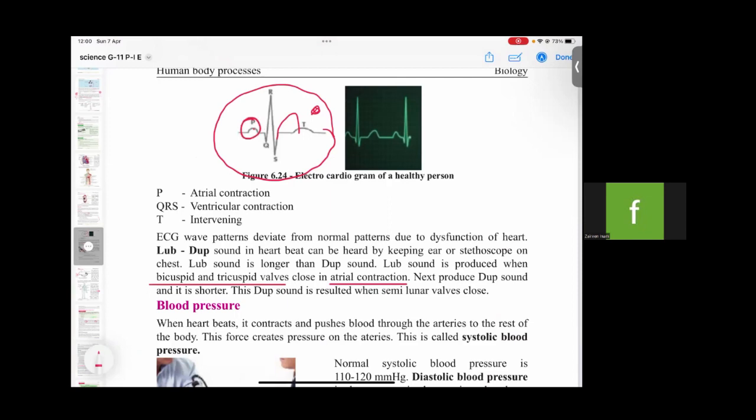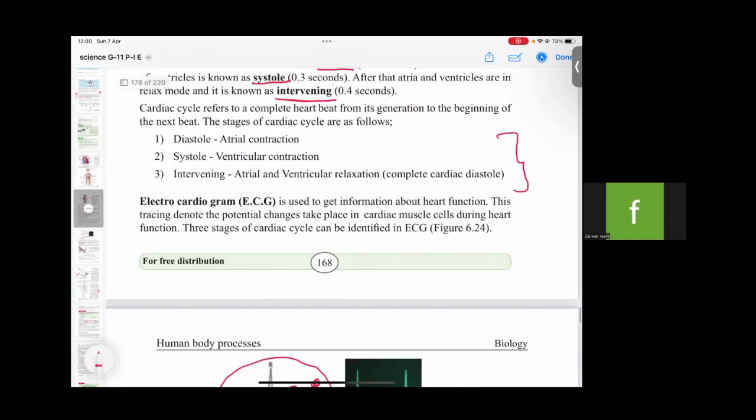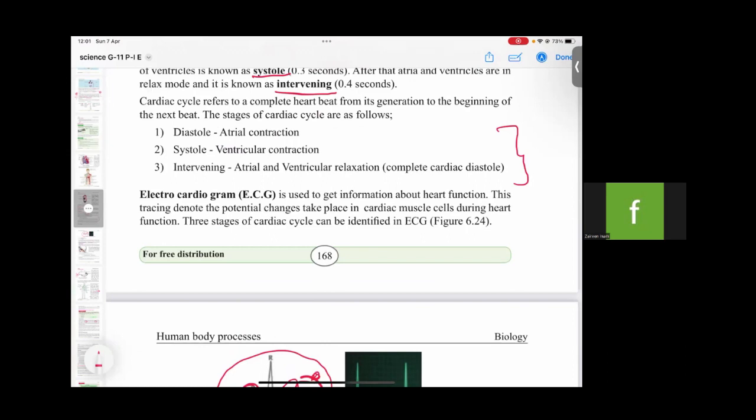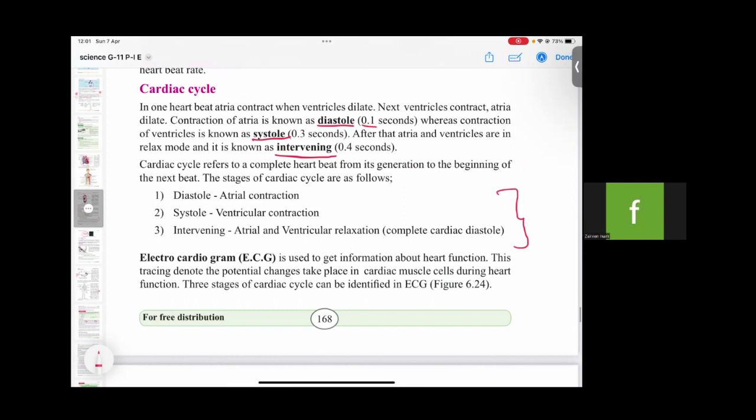QRS completely is systole, which is ventricular contraction. And then you have the intervening T, which is the atrial and ventricular relaxation. When you go to A level and beyond, you will get a good idea of this. For the time being, just remember this. When there's contraction of the atria, it is diastole. When there's contraction of the ventricles, it's systole. And when they both are relaxing, it's intervening.